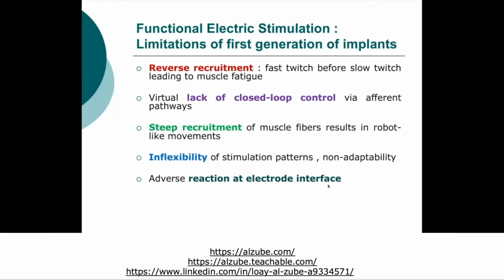Also, we have adverse reaction to electrode interface due to biocompatibility issues, and we're going to discuss this more when we talk about electrodes and how they are designed, how to use them. And also, because of biocompatibility issues, we could end up with encapsulation and the surface fouling of electrodes.